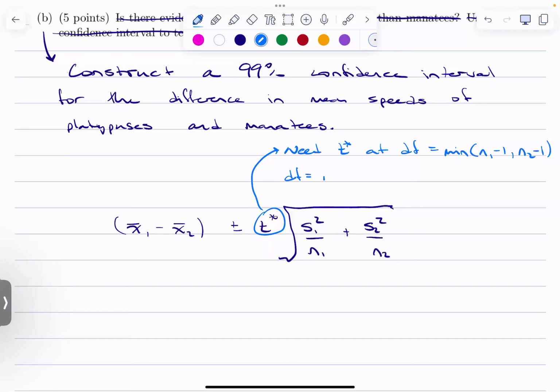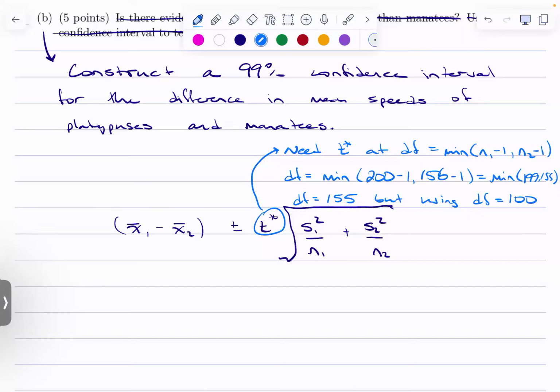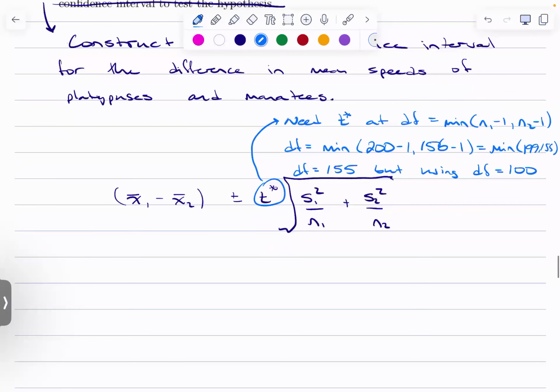So the degrees of freedom is the minimum of 200 minus 1 or 156 minus 1, which is the minimum of 199 or 155. So the degrees of freedom is 155, but using degrees of freedom equal to 100, that's the same blurb as we did earlier, but let's pretend it's a new question. That's what I was trying to shortcut.